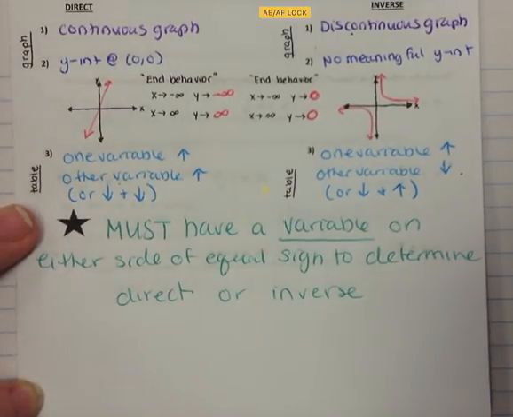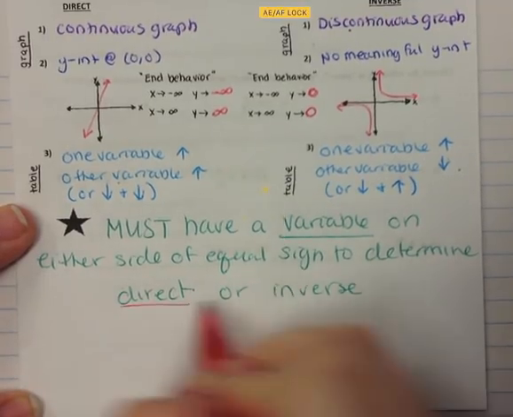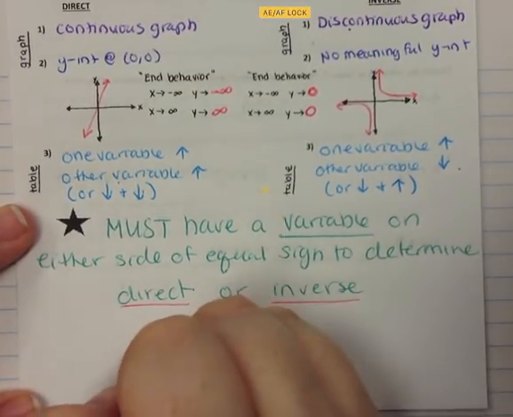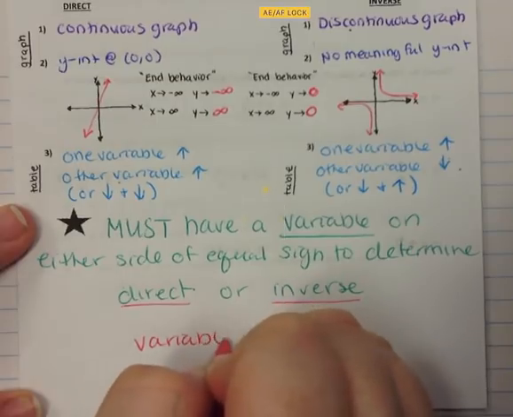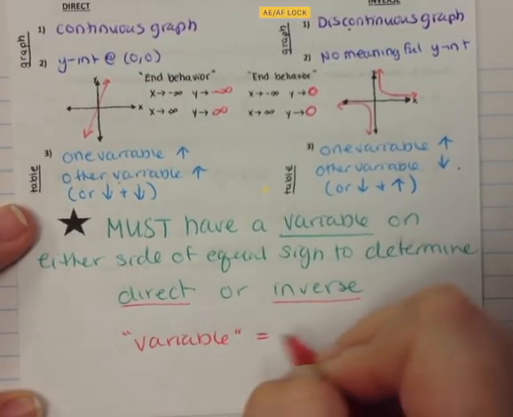What that means is that we have to have a y on the left and an x on the right. So in order to determine direct or inverse, we have to have a variable equal to a variable.